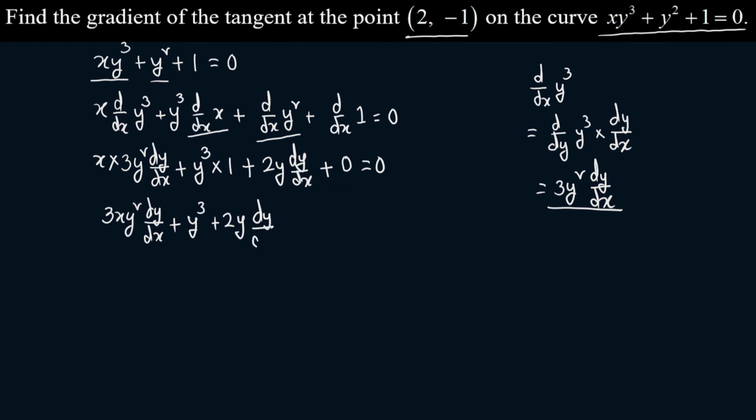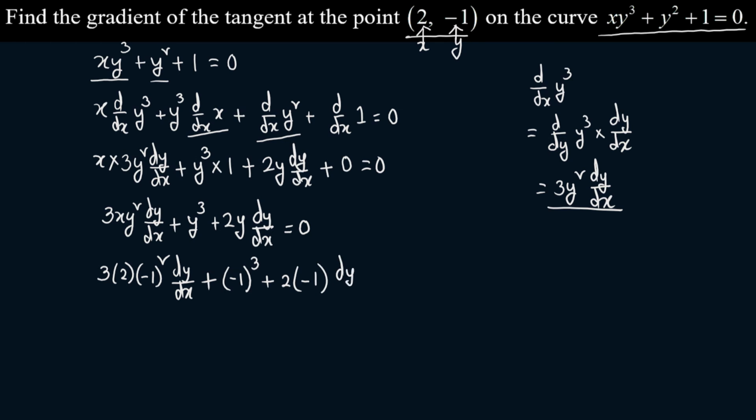Rather than making dy/dx the subject, we can put our values of x and y in here. The x value is 2 and the y value is -1. So 3 times x, which is 2, times y squared with y being -1, that is 3xy squared dy/dx, plus y cubed which is (-1) cubed, plus 2 times y, again -1, dy/dx.